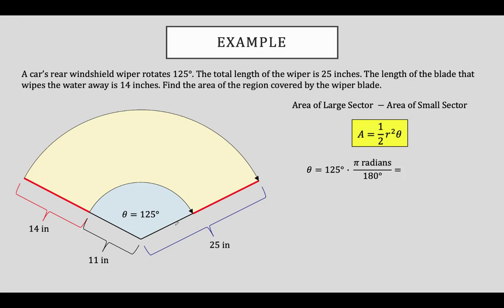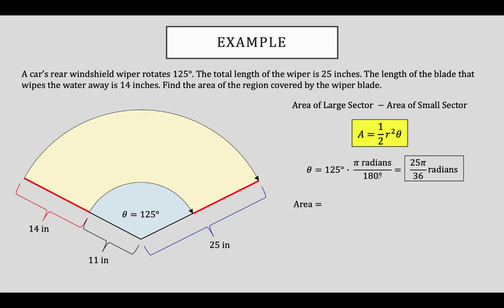We're going to multiply that by pi radians over 180 degrees. We start off by dealing with these integers. 125 divided by 180, plug that into your calculator, hit enter, hit math frac. That gives us 25 over 36. That's 25 pi over 36 radians. Again, we want exact answers.